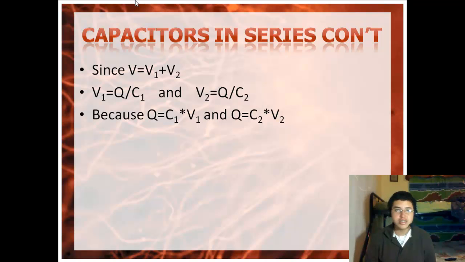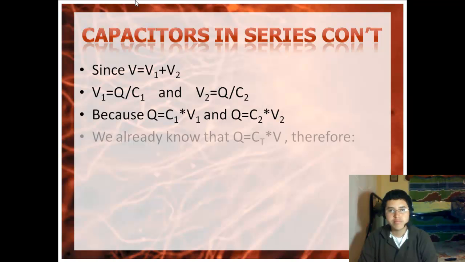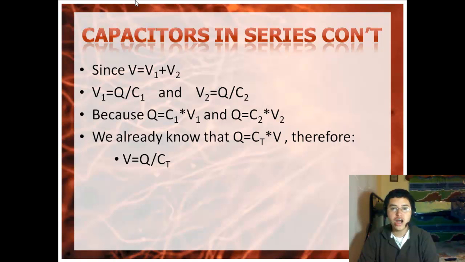Because the charge for the first capacitor equals the first capacitance times the first voltage, and the charge for the second capacitor equals the second capacitance multiplied by the second voltage. Since we already know that the charge equals the total capacitance times the voltage, therefore the voltage equals the charge divided by the total capacitance.